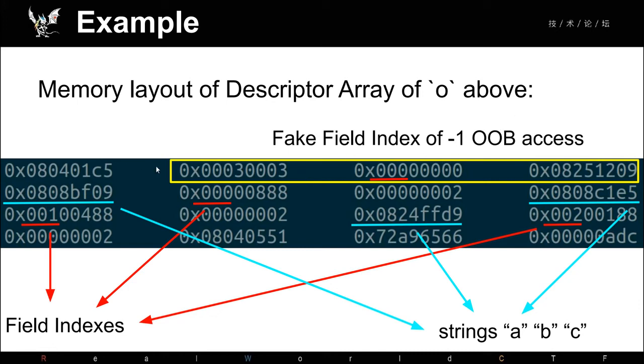When we access the descriptor array with a -1 index, the stuff in the yellow rectangle is a fake element of the descriptor array. The red line is the fake field index of a -1 or out of bound access. Unfortunately, this value is always 0, and we cannot control it.